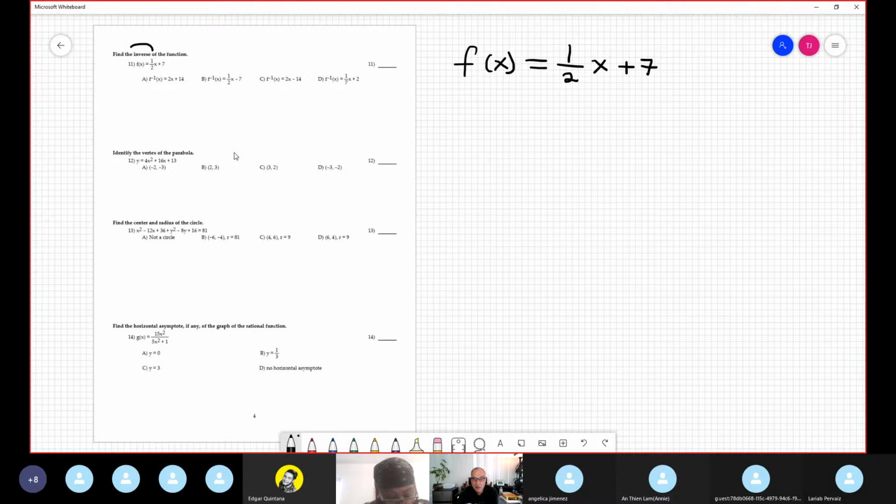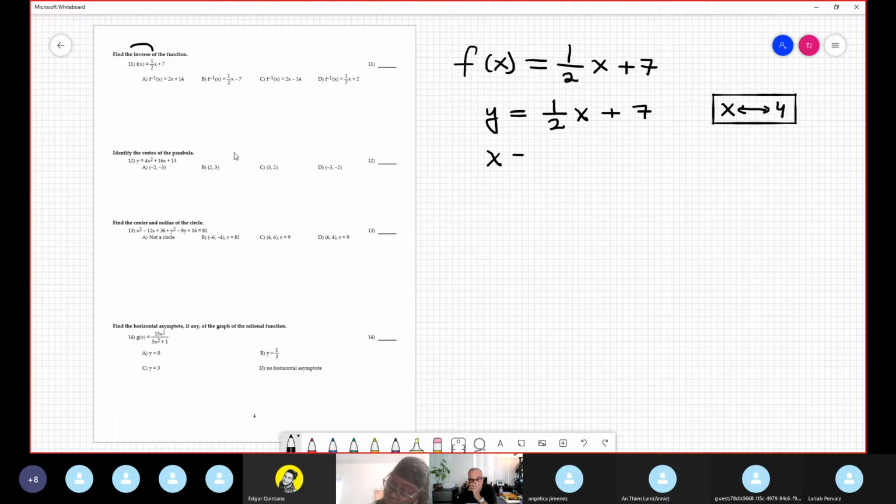Okay, remember, you replace f of x for y always. Now, the most important moment, you interchange x and y in our equation. So you have x equals 1/2 y plus 7. And now you solve for y.